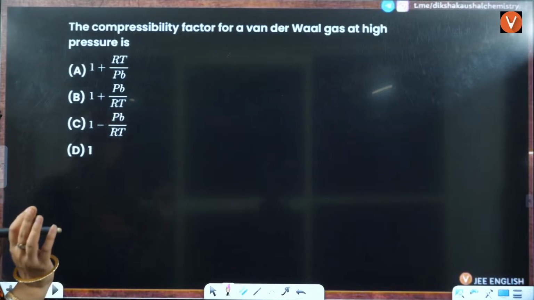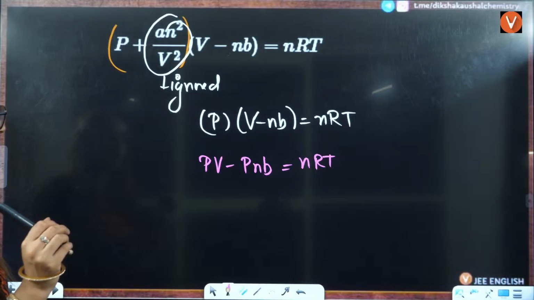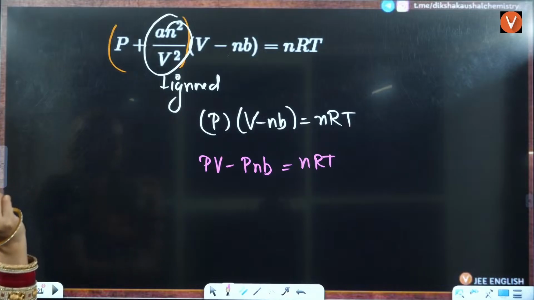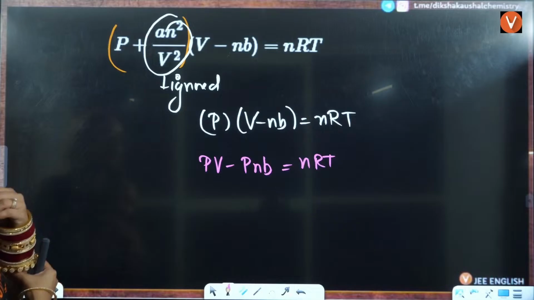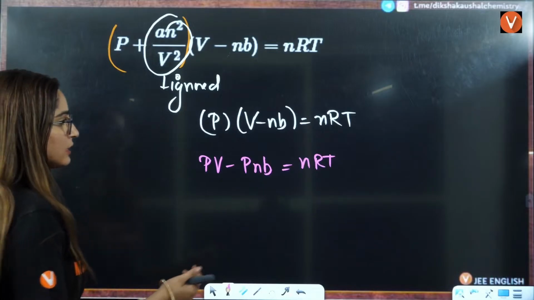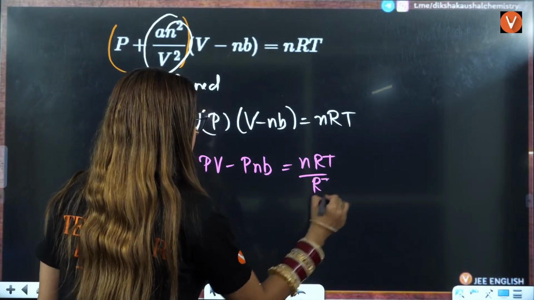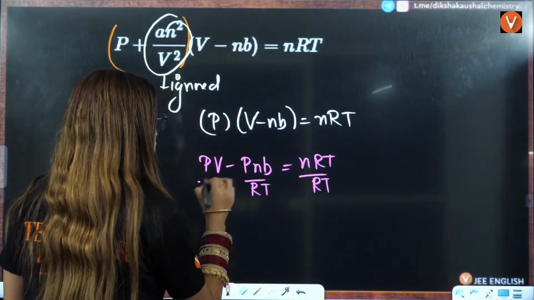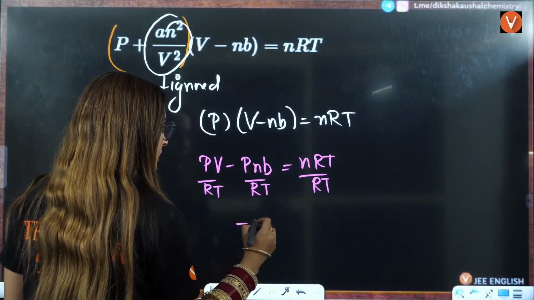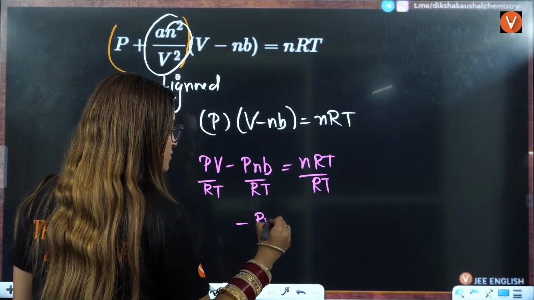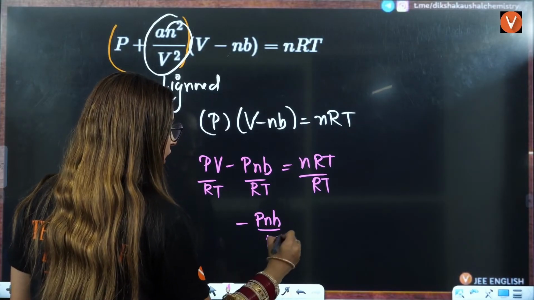That is for sure. Why don't we divide all of this by RT directly? Let's divide all of this by RT, and this is also RT. So this will be minus Pnb by RT.